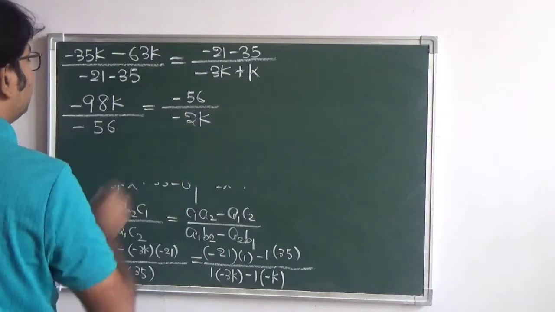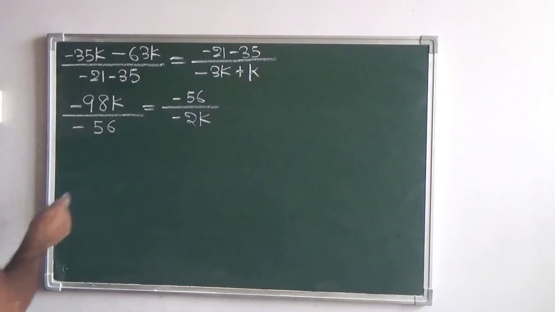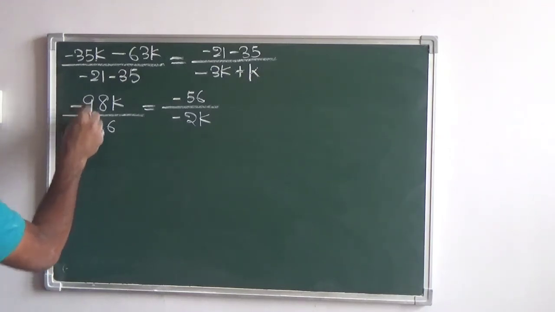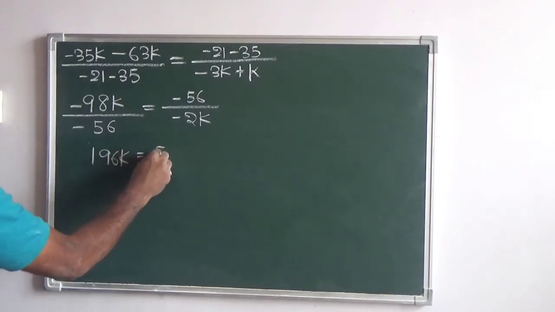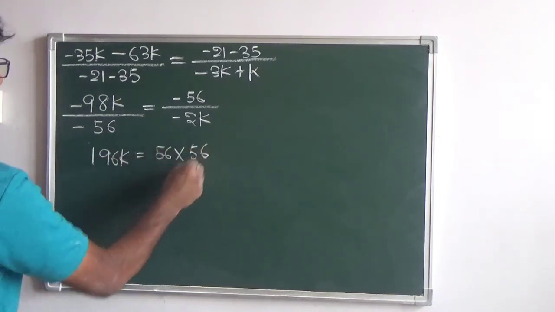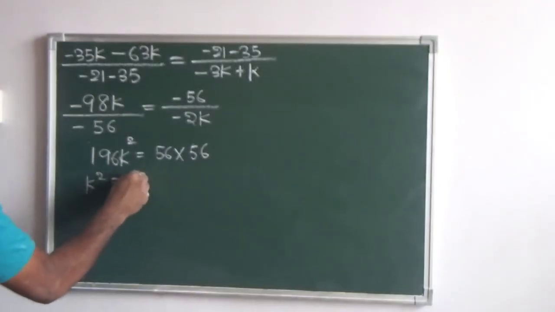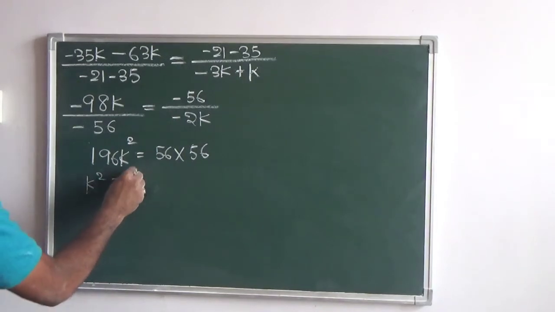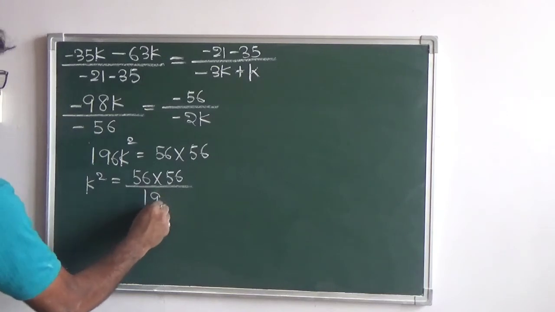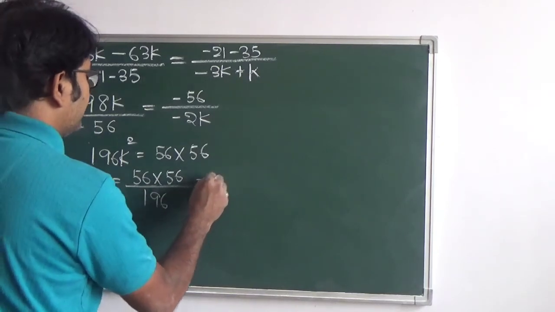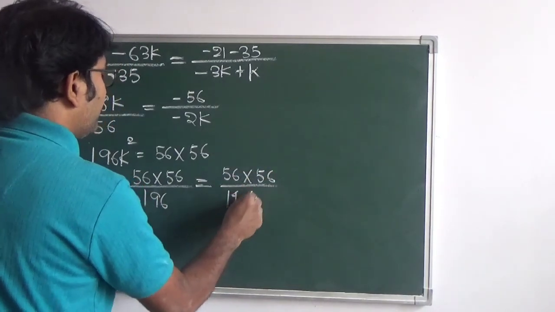2k. So we will have, negative sides will cancel, 98 into 2, that is 196k, is equal to 56 into 56. That gives k square equals 56 into 56 divided by 196, which we can write as 14 into 14.